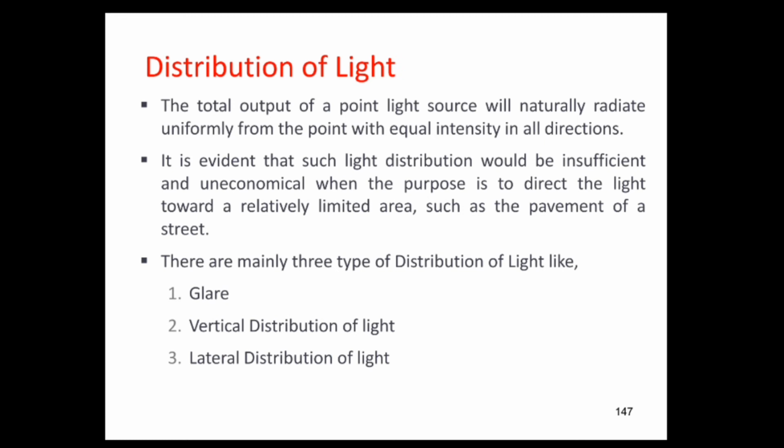That means the distribution of light will be directed only towards a specific area on the pavement or on the road. Thus, having this sort of a restricted area of the distribution of light will not be economical. There are mainly three types of distributions of light. First is the glare, second is the vertical distribution, and third is the lateral distribution.